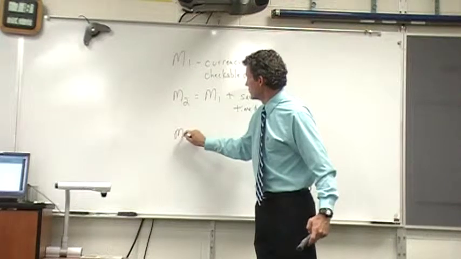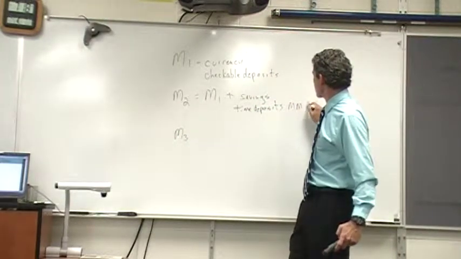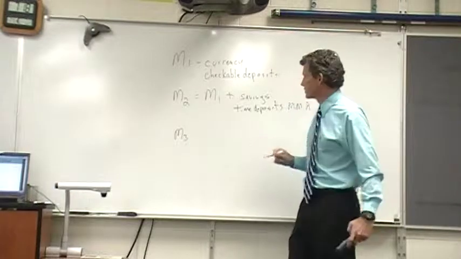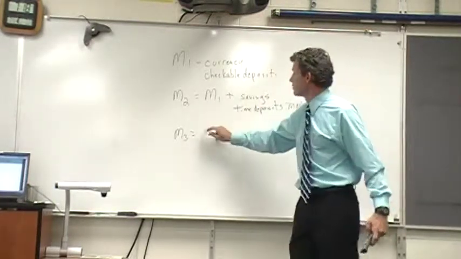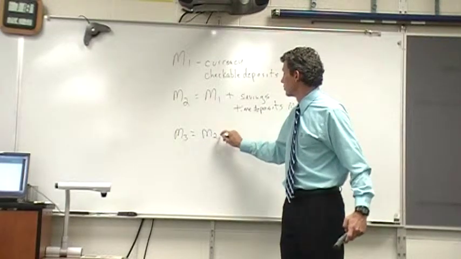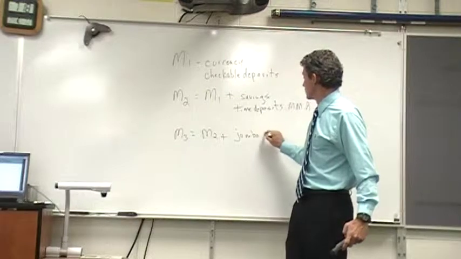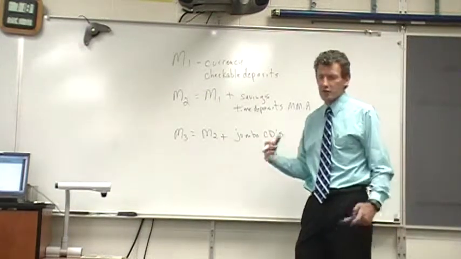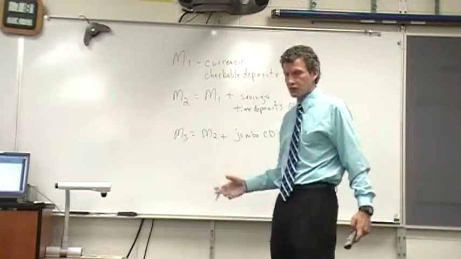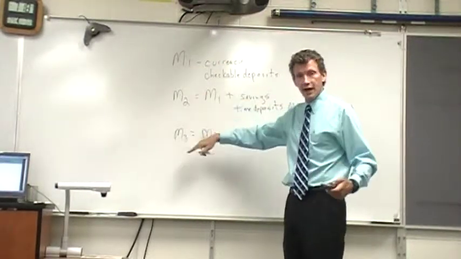Then M3 would also include money market accounts, anything that really classifies as savings. M3 is the entire money supply and would include M2 plus jumbo CDs. Jumbo CDs are CDs over $100,000, mostly held by financial institutions and large corporations. So we can see money in different categories.